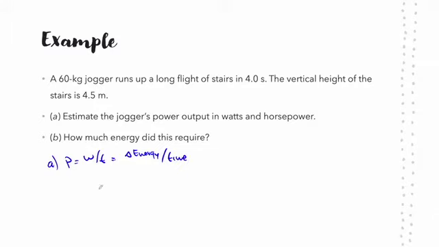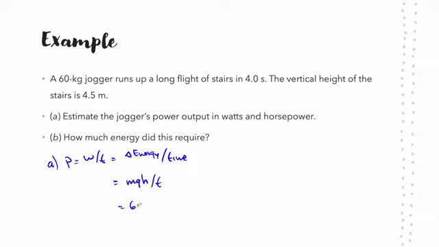In this case, the jogger went up a long flight of stairs, so his potential energy changed because he is higher than when he started from, right? He's at a higher position. So the change of energy will be mgh over time.